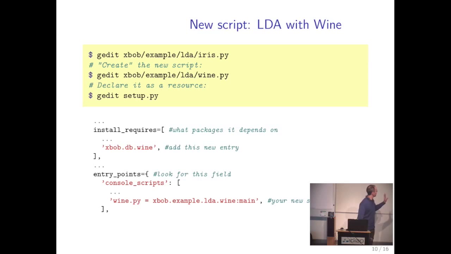It's also a tricky problem if I'm not mistaken. Okay, so what we're going to need to do is the following. We're going to need to transform the script that the user provides, or to copy the user script and to edit, so that instead of using the Iris database, we're actually using our new wine database.